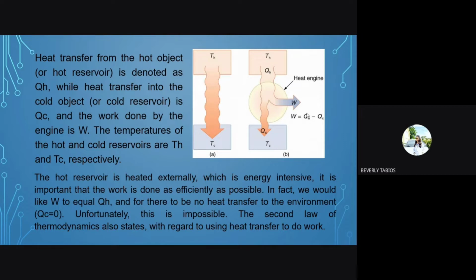It is important that the work is done as efficiently as possible. In fact, we would like W to equal QH and for there to be no heat transfer to the environment, or QC equals zero. Unfortunately, this is impossible. The second law of thermodynamics also states limits with regard to using heat transfer to do work.